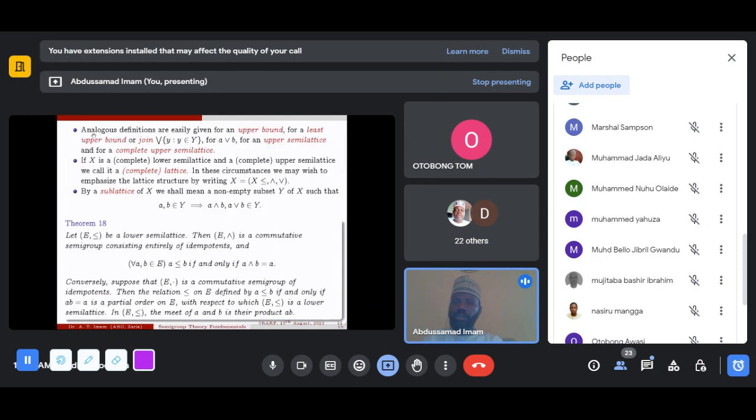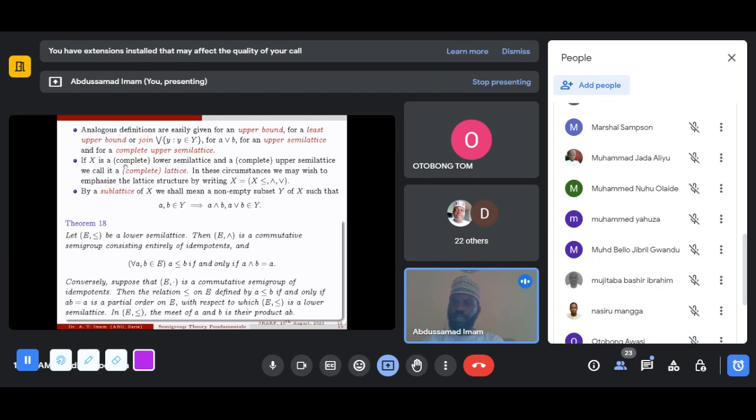And then you can define analogously the least upper bound, which is referred to as the join, and also define an upper semilattice. We defined lower semilattice with respect to the greatest lower bound, but the upper semilattice is just the dual version of this, as is the complete upper semilattice. All this can be defined, but for the purpose of our discussion here, only the lower semilattice is sufficient.